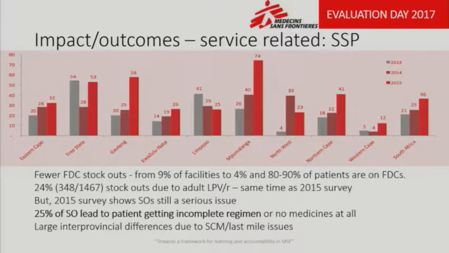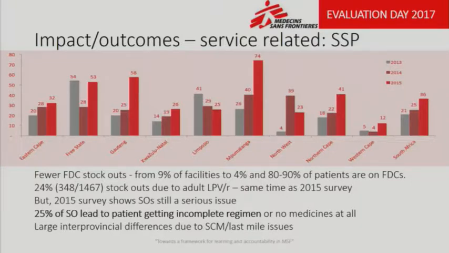The Stop Stockout program did an annual survey of stockouts in all primary healthcare facilities in the country. If you look at the change from 2013 to 2015, you can see actually the situation's got worse rather than better, number one.